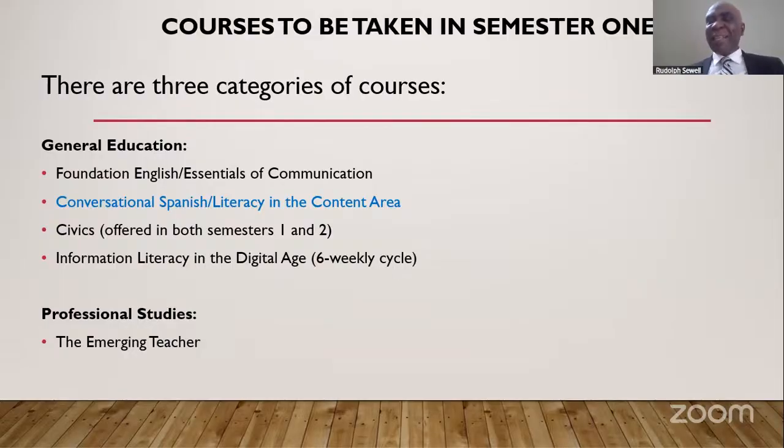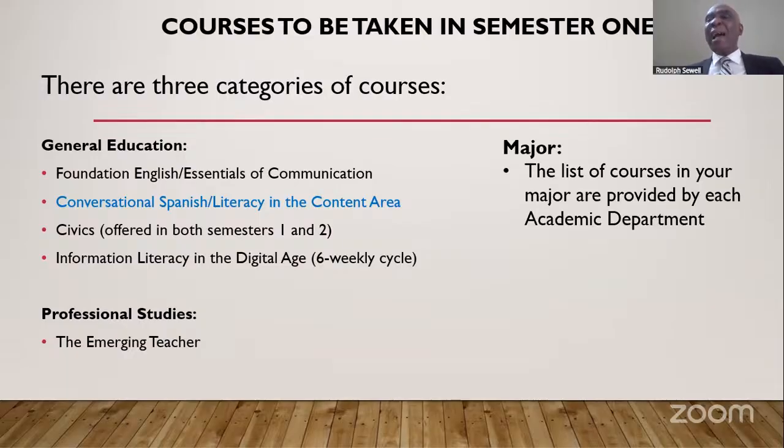Now, for the one that is creating a lot of talk, the majors. We have 18 majors or areas of specialization. It's extremely difficult to try to put everything in one space or to deal with it in a virtual space like this. So the strategy we have used over the years is that each department reaches out to its own students with the schedule of the courses for the semester.